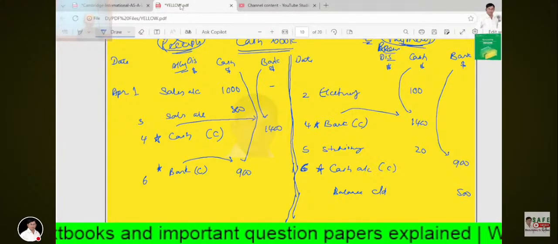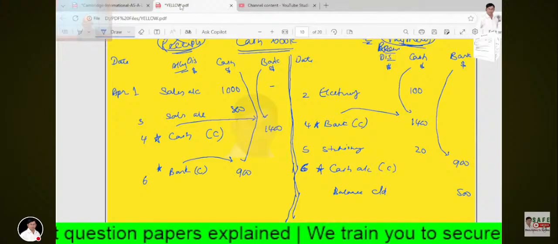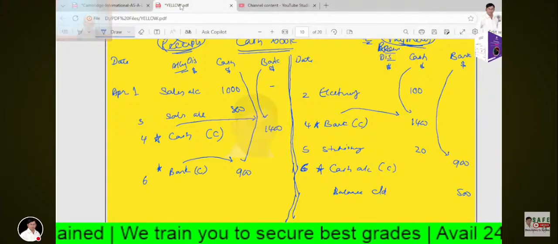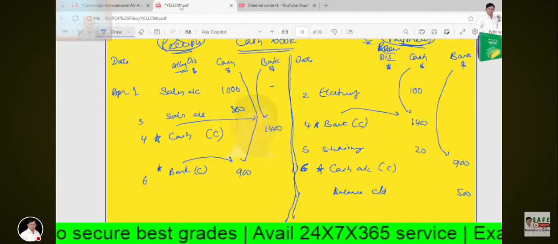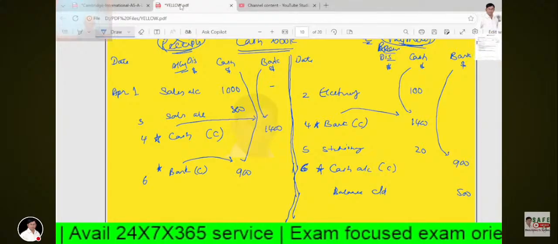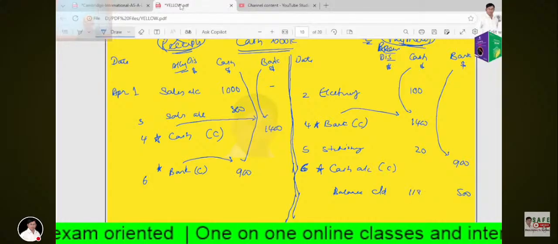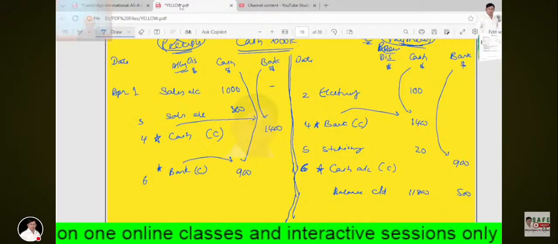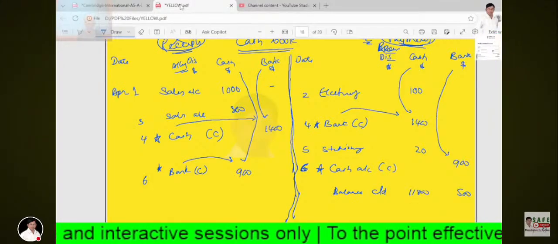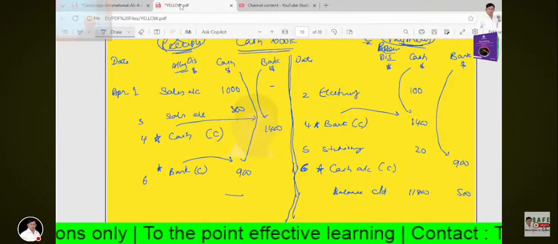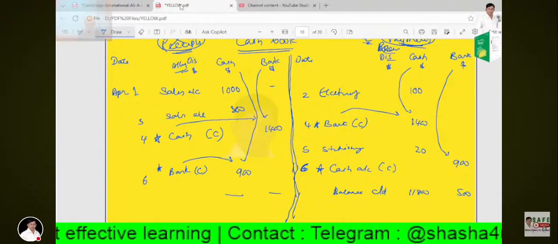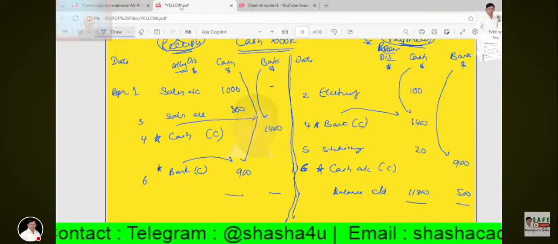Okay, so this will be 1800. So it will be 1180. So here it will be 1180. So now the total on this side and this side should be the same.